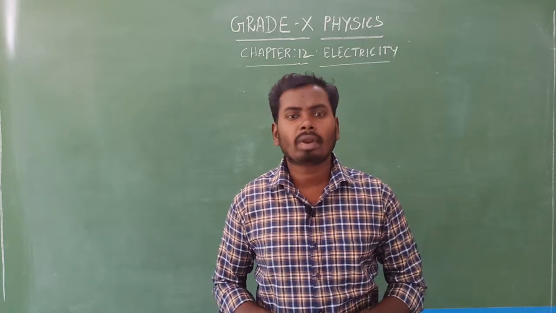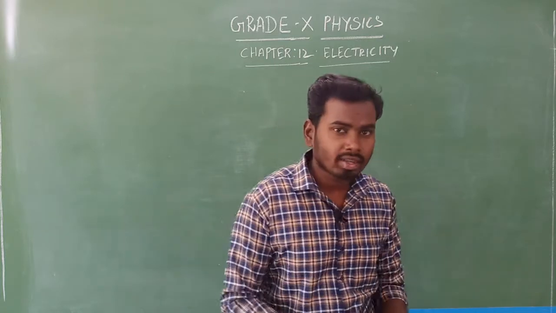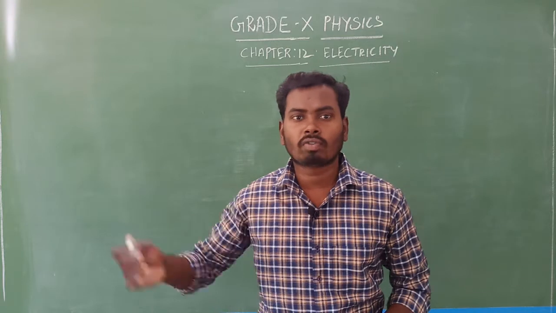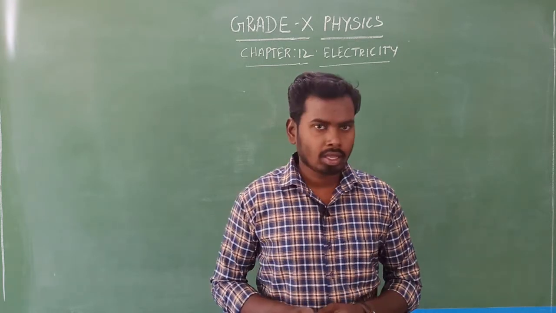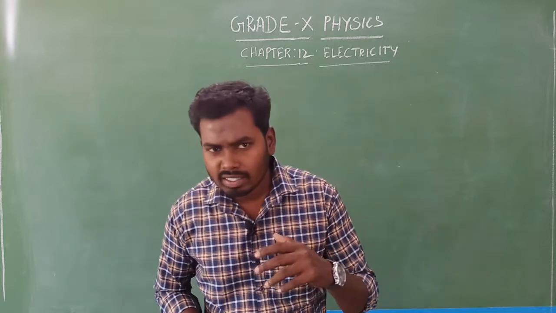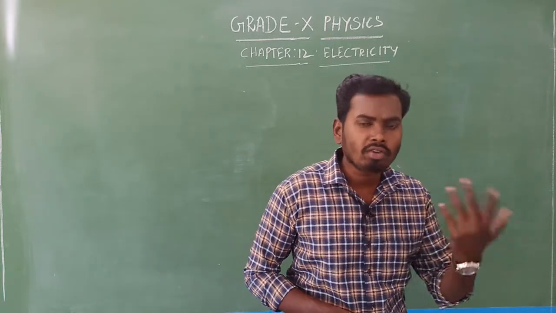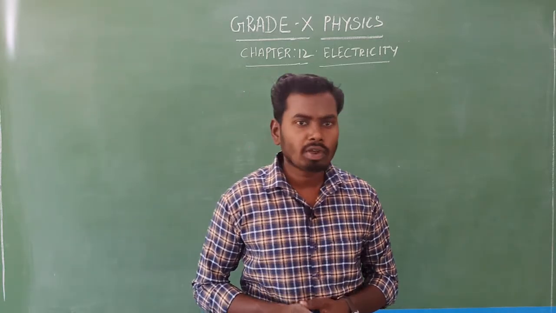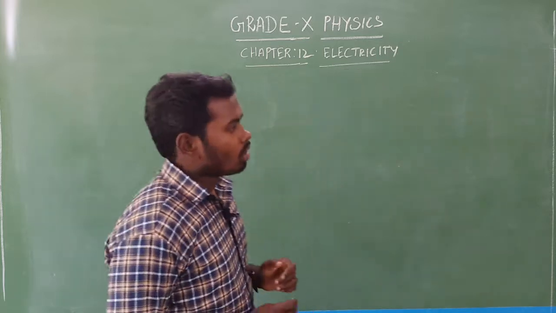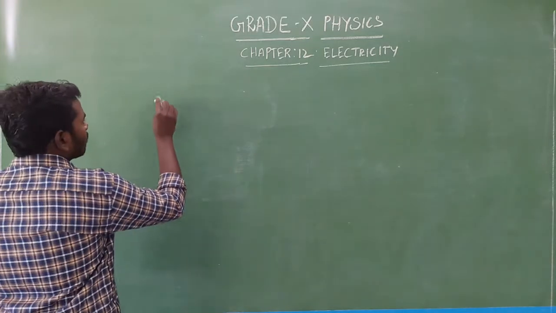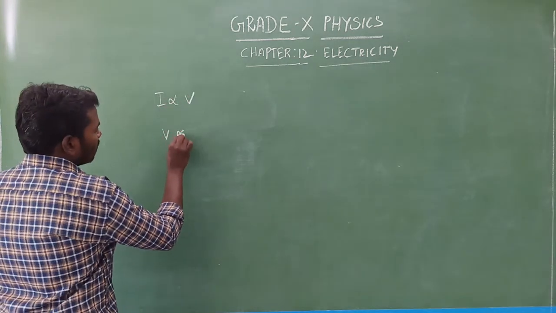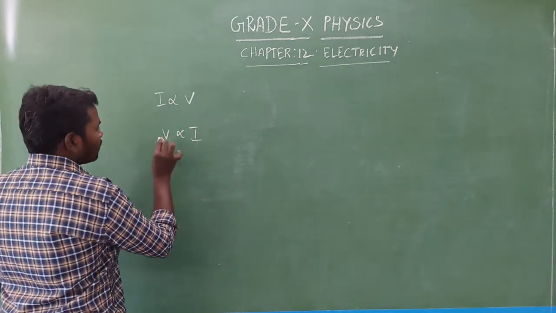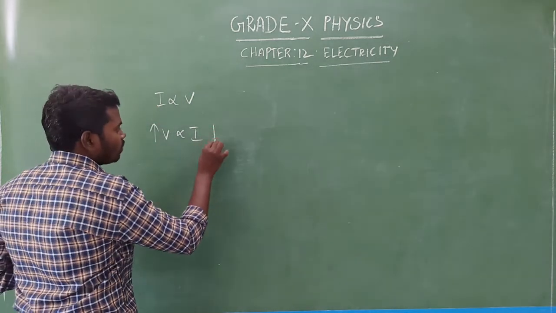At constant temperature, the current flowing through a conductor is directly proportional to the potential difference across the two terminals of the conductor. Am I right? Practically, how can we verify Ohm's law? According to Ohm's law, I is directly proportional to V, or V is directly proportional to I. If the potential difference increases, the current value increases.